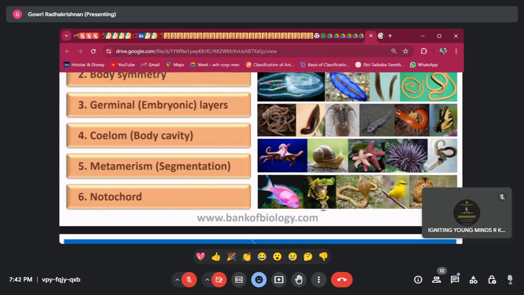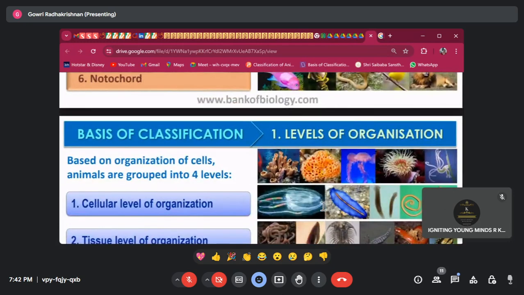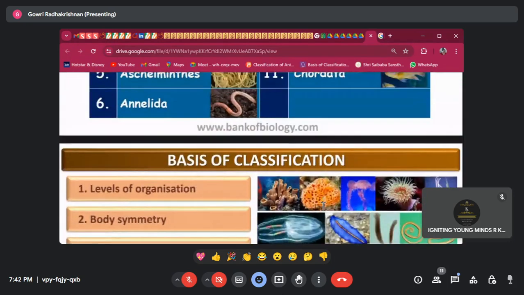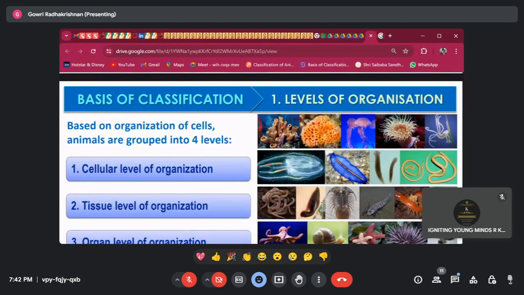This coelom is a body cavity, and in that cavity there is coelomic fluid. This helps in avoiding friction between the organs present in the body. All right. Metamerism, that is segmentation, and notochord. So these are the basis of classification in general. Now we will see one by one.